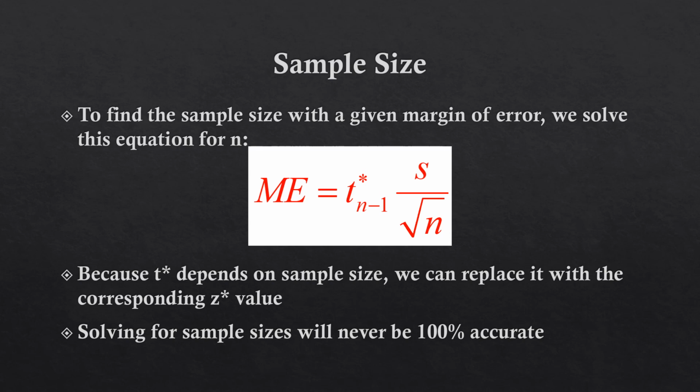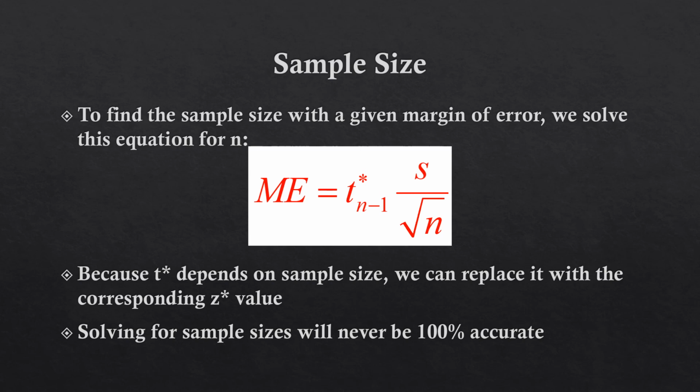And the final concept of this chapter is, if you remember on the test for Unit 5, I gave you a specified margin of error for a confidence interval, and then you would have to find the sample size that makes that margin of error under, say, 5% or 4%. Well, what we're going to see is that t star, our new critical value for means, is dependent on sample size. So you're kind of at a loss here because you have two unknowns if you're solving for sample size.